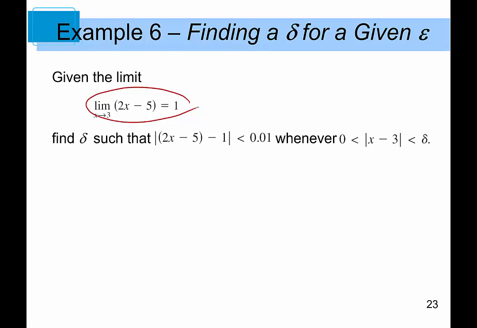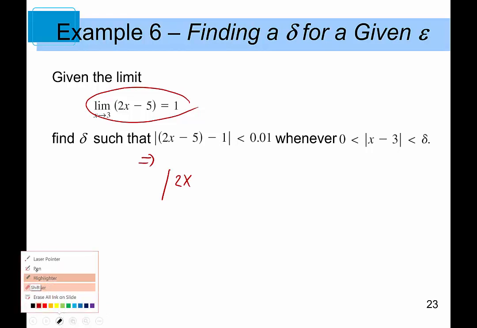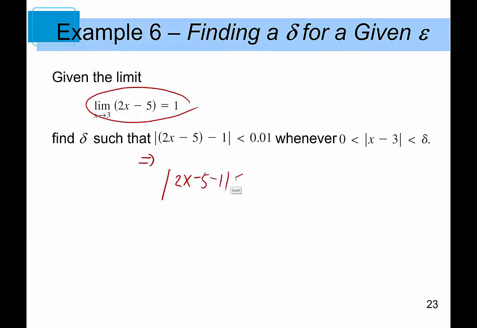So here you can easily just expand it. 2x minus 5 minus 1, that's 2x minus 6 less than 0.01. If you factor out 2, put it in front, you get 2 times absolute value of x minus 3 less than 0.01.